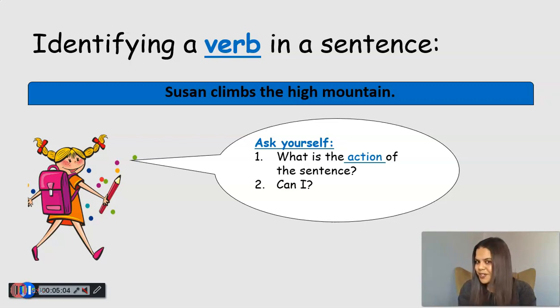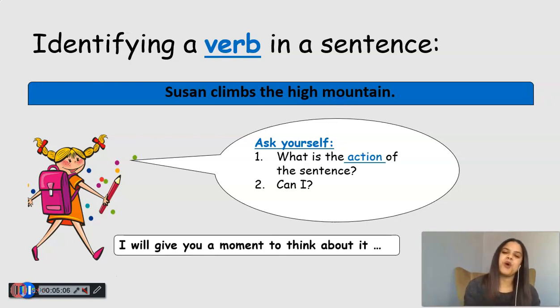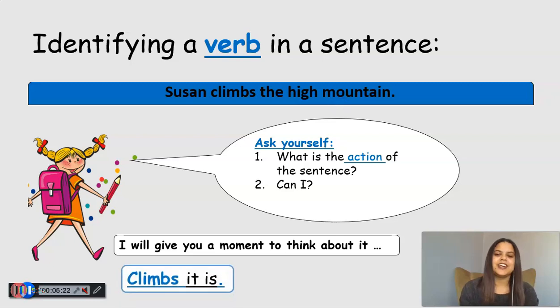I know I gave you a clue already, but I'm going to give you a moment to think about it. Climbs it is. Well done, grade 5s.